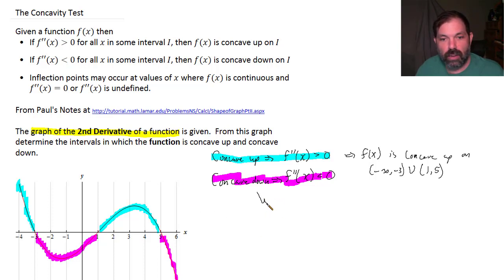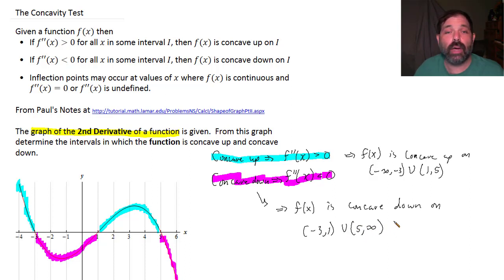So that means that the original function f of x is concave down on negative 3 to 1 or 5 to infinity. We've got to be careful, right? This was the graph of the second derivative, not the original function. So we've got to make sure to read carefully what's given before trying the exercise.